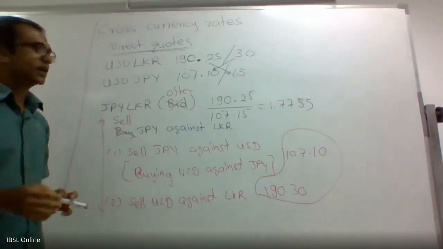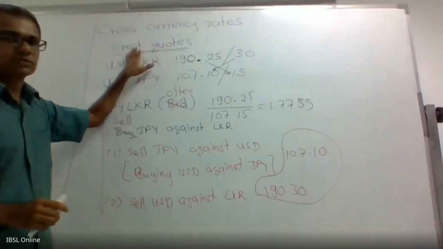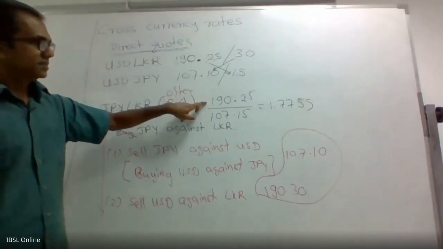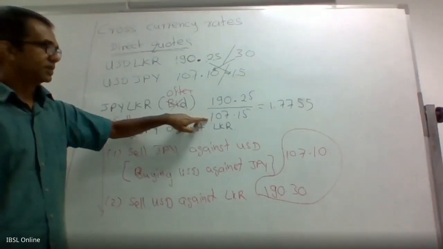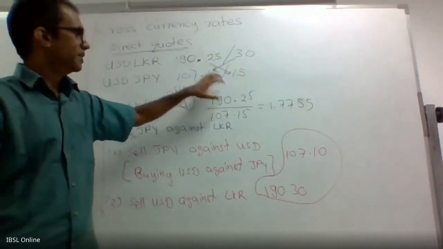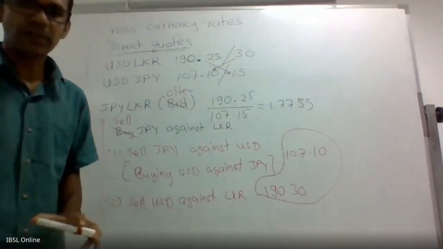But to do the calculation, what you have to remember: direct quotes, weaker currency in the numerator, stronger currency at the denominator, cross division. That's it. Bid divided by offer, offer divided by bid. Clear?